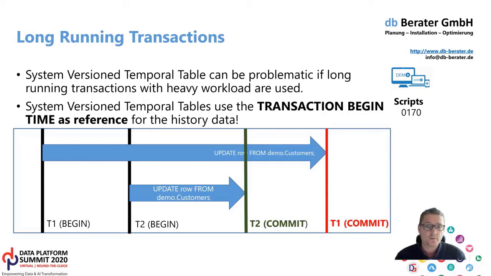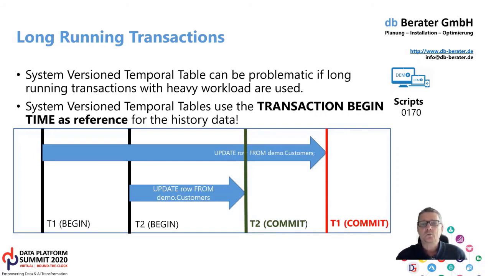To explain the problematic situation, I want to draw your attention to the depiction here in this slide. The long-running transaction T1 is starting, and while this transaction is running, a second transaction is coming and makes an update on the demo.customers table. After transaction 2 commits, transaction 1 will make an update on the demo.customers table on the same record.